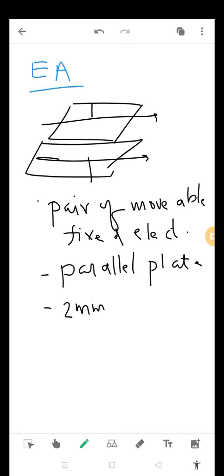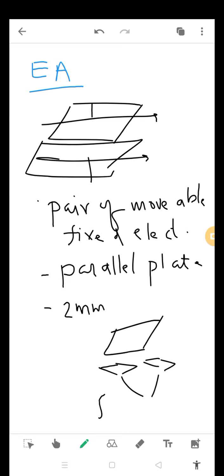What you have here is a moving electrode, and we have two fixed electrodes. So these are the fixed ones and this is the moving one.